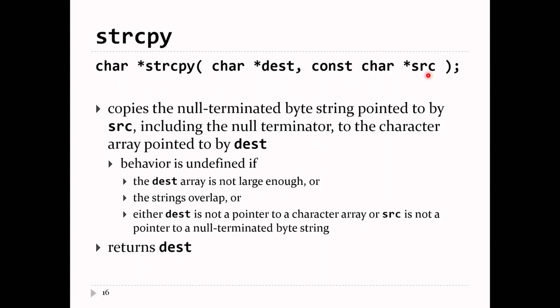Other things that could happen: if source is a pointer into a char array but it's not null terminated, it's just going to keep on going until it actually sees a 0, which might go past the end of the array. That's bad. If dest is not a pointer to a character array, bad things can happen as well. This function just returns a pointer to dest.